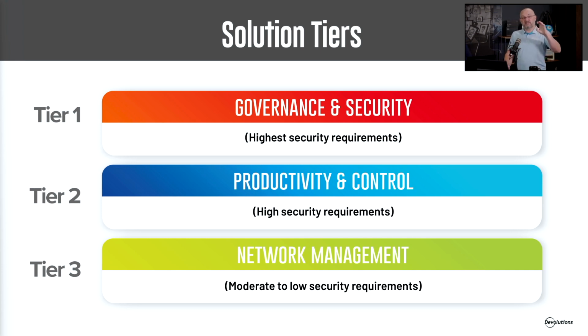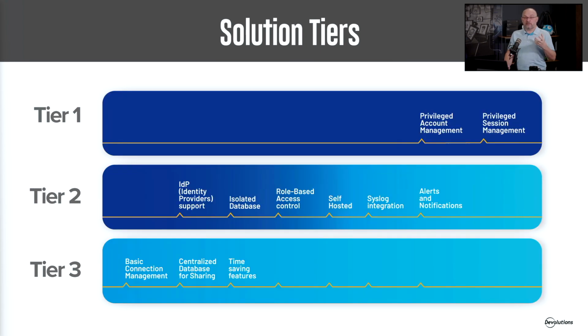And this translates quite easily into our product line. Again, that tier system just helps us communicate our strategies and our positioning to all of you. So again, tier 3, basic connection management, centralized database for sharing, time-saving features, which we'll see. So that's RDM.